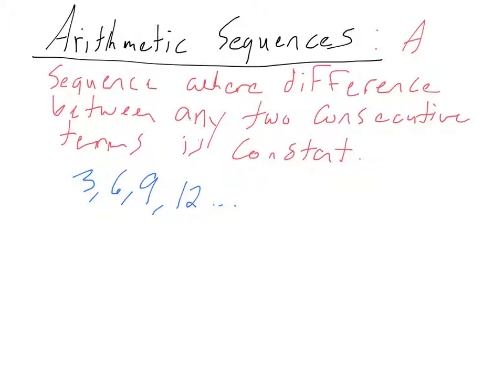So we start off with some value a sub naught equals some value, and then a sub n is just equal to a sub n minus 1 plus whatever that difference is between them. And so this is called the common difference.